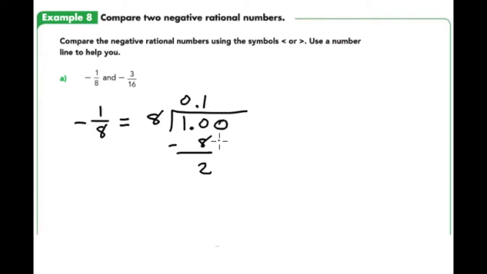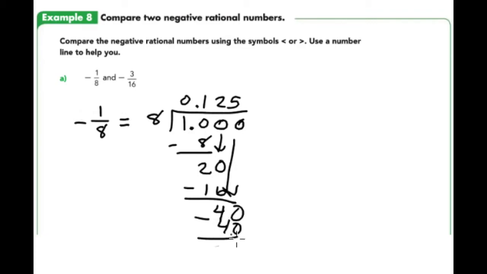That leaves us with 2, which becomes 20 once we bring the 0 down. 8 goes into 20 twice. That leaves us with 4, which becomes 40 once we bring the 0 down. And 8 goes into 40 5 times evenly, so we could stop there. This is a terminating decimal. And we could say that a negative 1/8 is equal to a negative 125 thousandths.